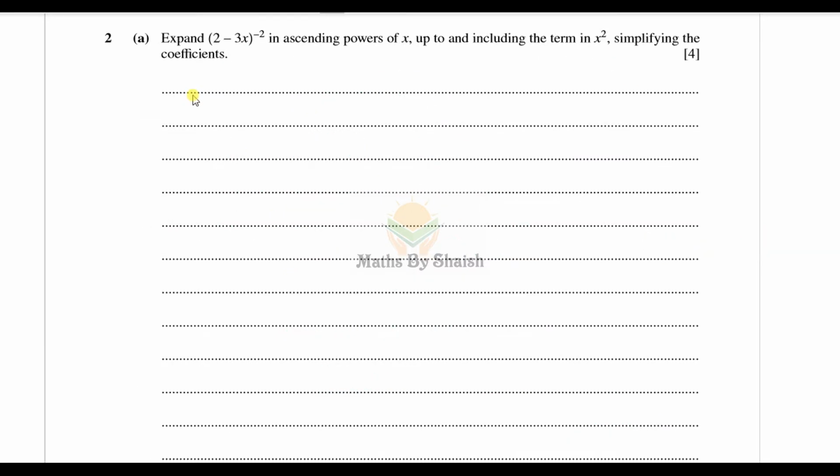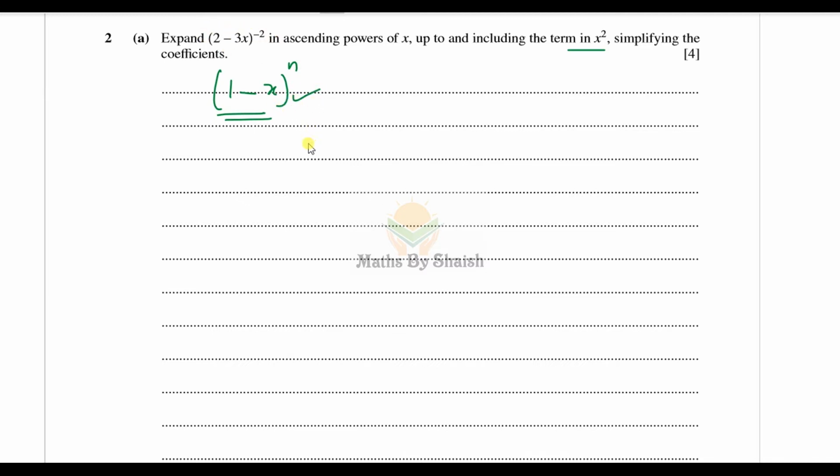Here is the second question, part A. Expand 2 minus 3x to the power minus 2 in ascending powers of x up to and including the term in x squared. Simplify the coefficients. We know the expansion of 1 minus x to the power n. So first of all we'll convert it into this form. How can we do that?